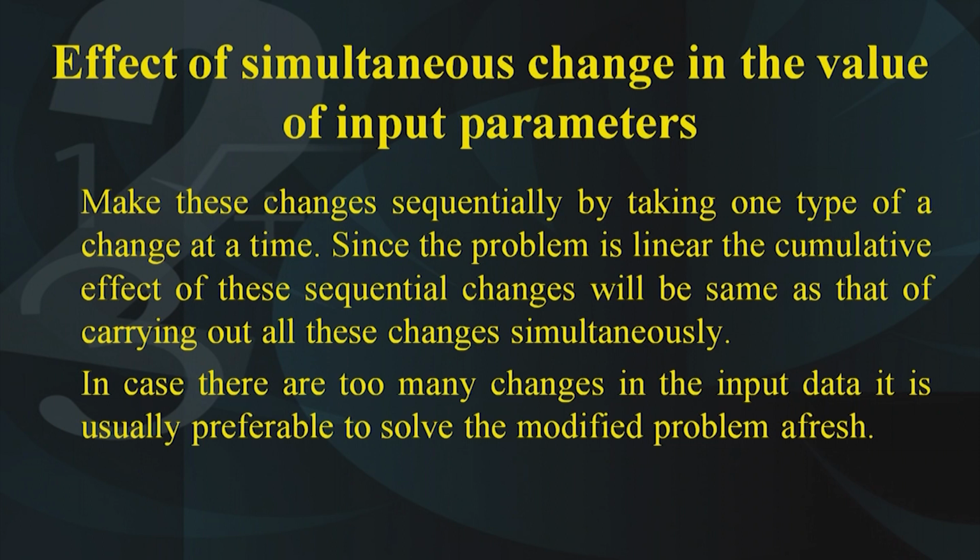Since the problem is linear, the cumulative effect of these sequential changes will be the same as that of carrying out all these changes simultaneously. In case there are too many changes in the input data, it is usually preferable to solve the modified problem all over again.